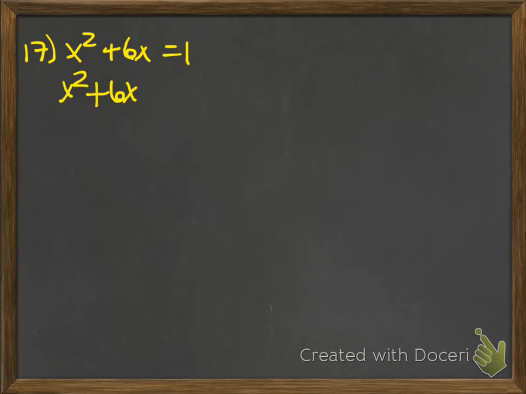So then finally number 17, I've got x squared plus 6x equals 1. I need that to be equal to 0, so I move the 1 back over to the side of the x's, so that way I have A is equal to 1, B is equal to 6, C is equal to negative 1.